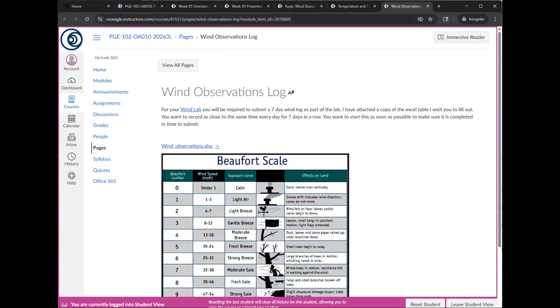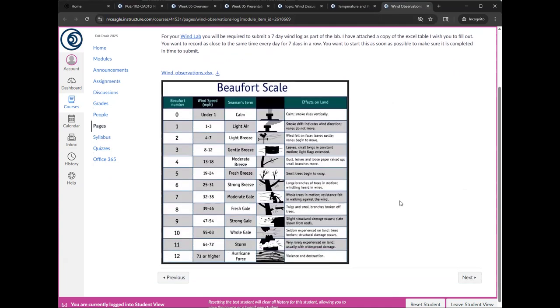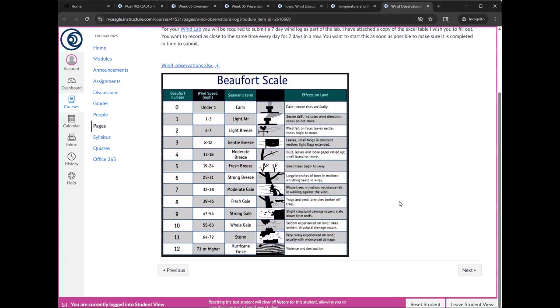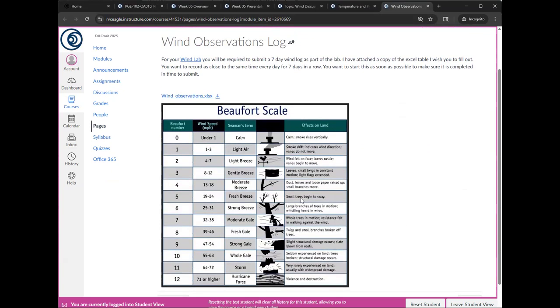You're basically going to pick a place and a time that you can repeat for a week. It doesn't have to be down to the minute, but the closer to the same time and closer to the same place you do it, the better. So you're going to use the Beaufort scale to make wind observations.